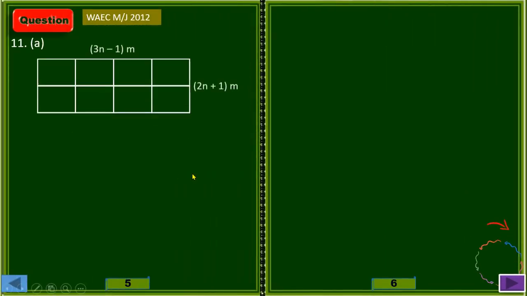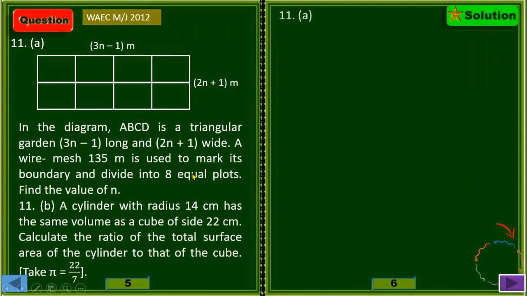Now we go to question number 11. In the diagram, ABCD is a triangular garden, 3n minus 1 long and 2n plus 1 wide. A wire mesh 135 meters is used to mark its boundary and to divide it into 8 equal plots.